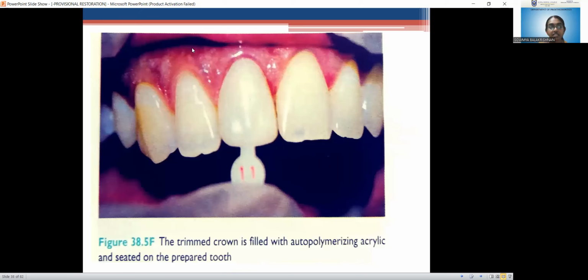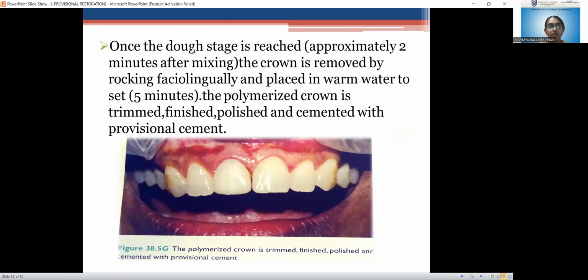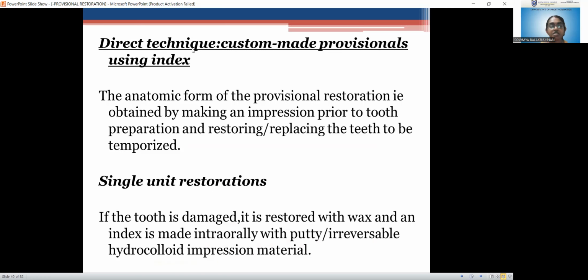After that, the trimmed crown is filled with autopolymerizing resin and seated onto the prepared tooth. Once the dough stage is reached, slightly rock the crown facially and place it in warm water. After complete setting, the polymerized crown is trimmed, finished, polished and cemented with the provisional cement. So that is the direct technique using preformed provisional materials.